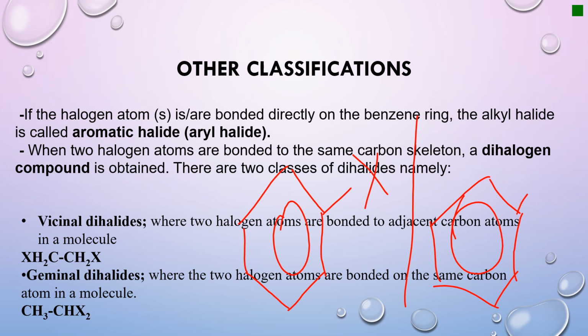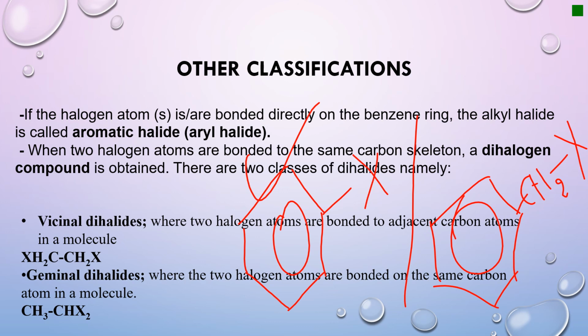and the halogen is not directly attached to the benzene ring, this is not an aromatic halide. As you can see, there is a difference. In the first example, the halogen is directly attached to the benzene ring, while in the second example, the halogen is attached to the CH2 group, where the CH2 group is the one which is attached to the benzene ring.